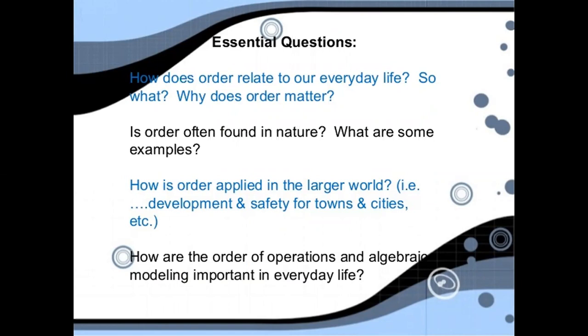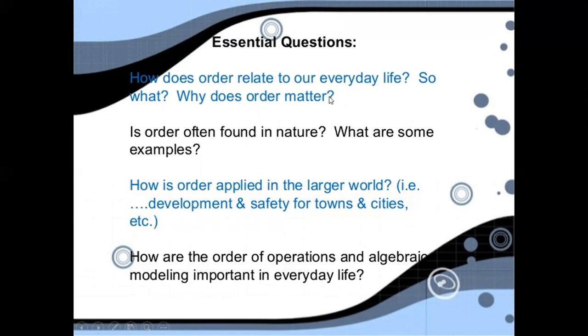These are some questions which come to our mind, and we have to sort out the answers: how orders are beneficial in our life, and how the order of operations in maths is very much important in our daily life. That's the topic which we are going to start.